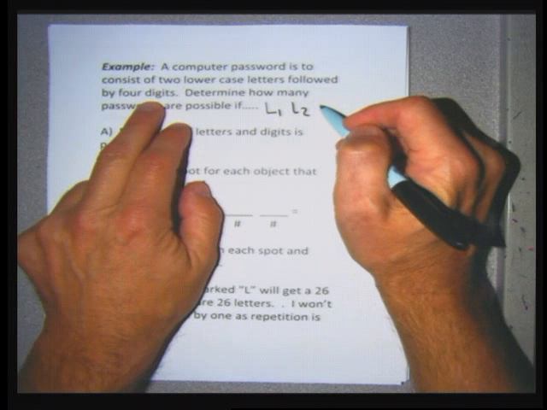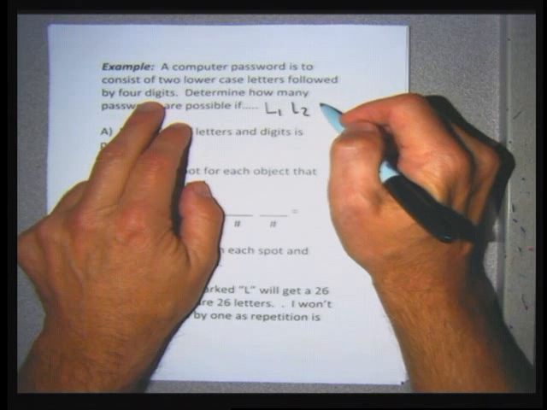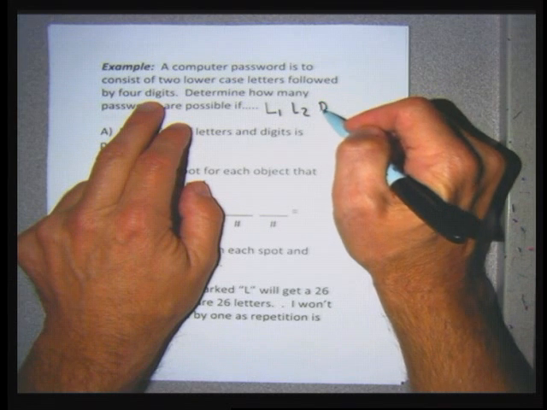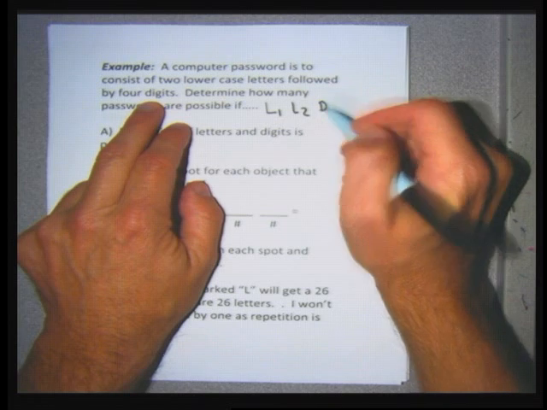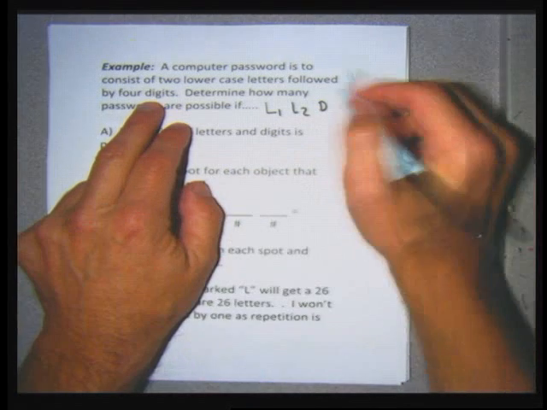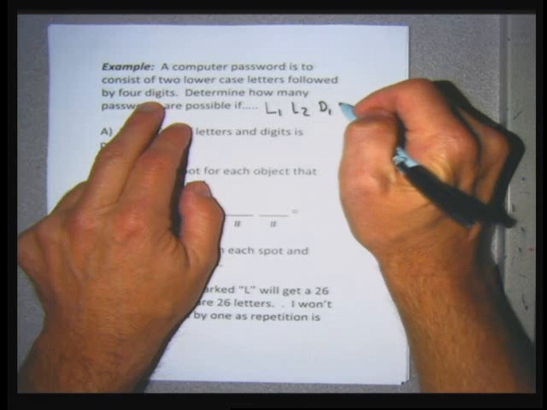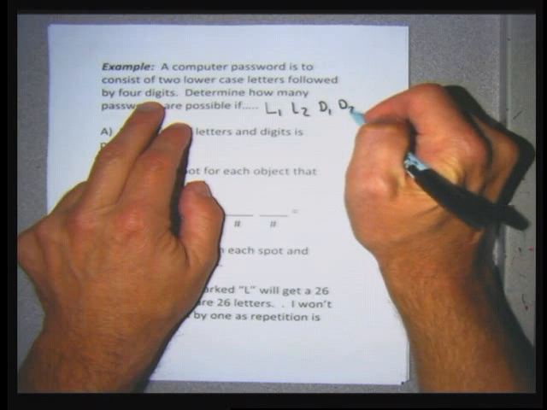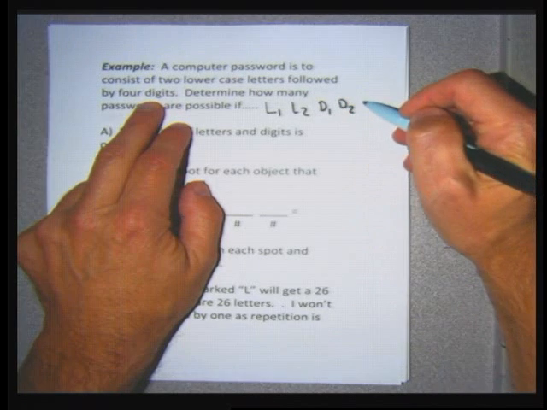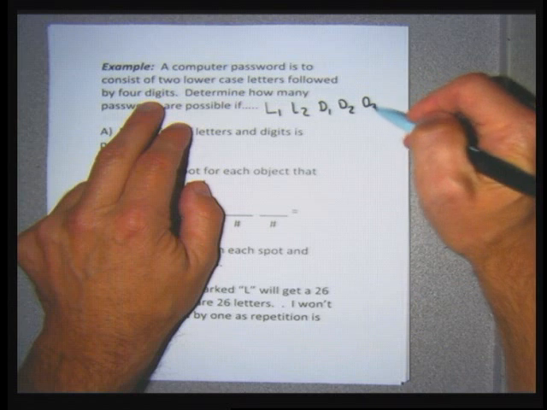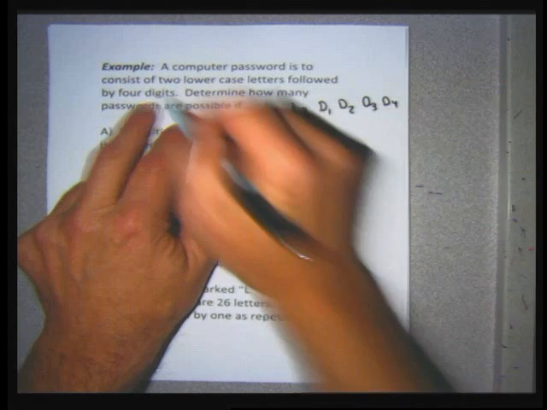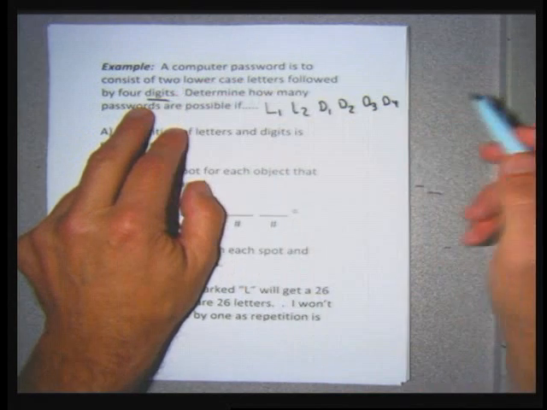I'm going to call them digits because digits imply just the numbers 0 through 9 are acceptable. If I said numbers, then maybe we could have a lot more choices. So my password is going to be letter 1, letter 2, and then number 1, number 2, number 3, number 4. And when we say digits, only the numbers 0 through 9 are allowed.